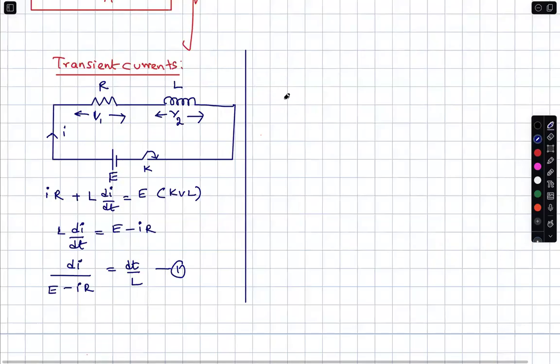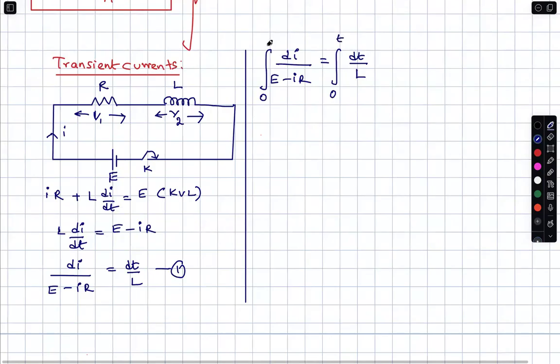So what is happening? When I am doing the integration part, you should allow me to write the limits properly. E minus IR is equal to dt by L. When t is equal to 0, current is 0.